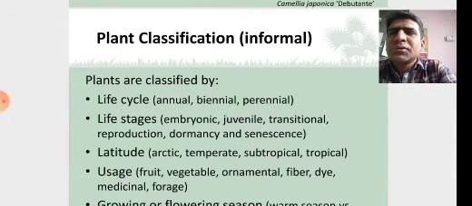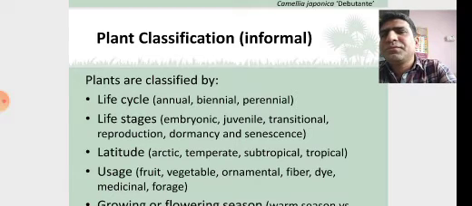Embryonic means formation of the embryo. Juvenile is the young stage. Transitional means some phases change in growth. Reproduction is the formation of reproductive parts. Then dormancy is the period in seeds, and senescence is in leaves.